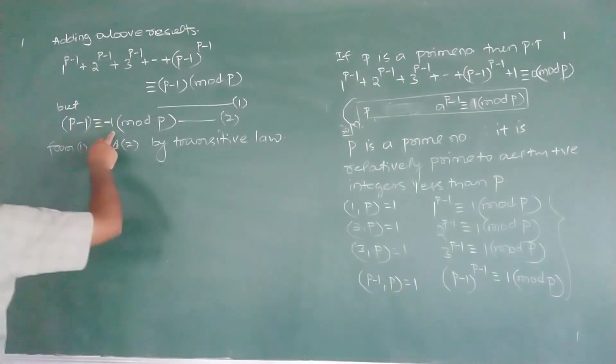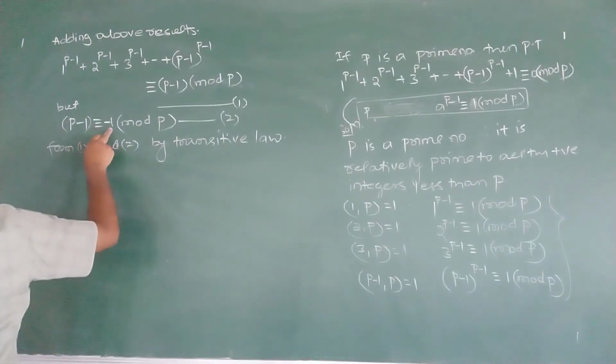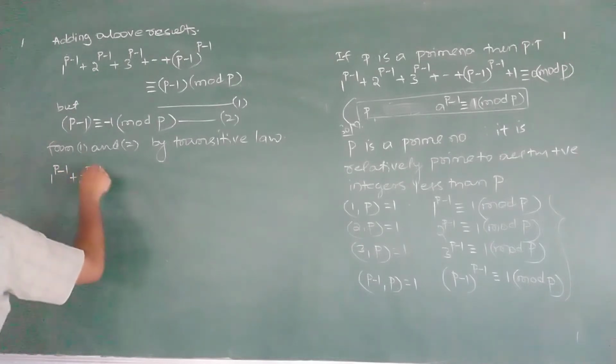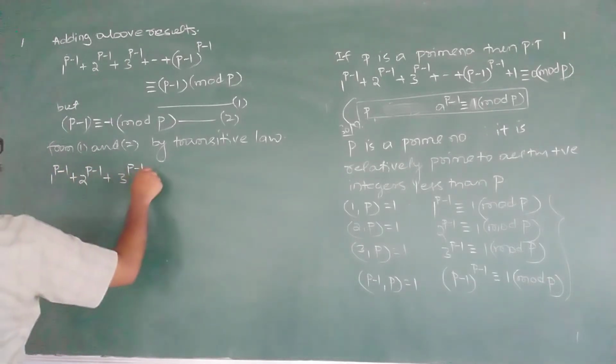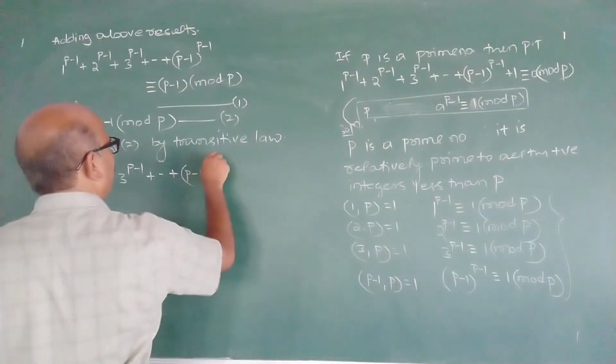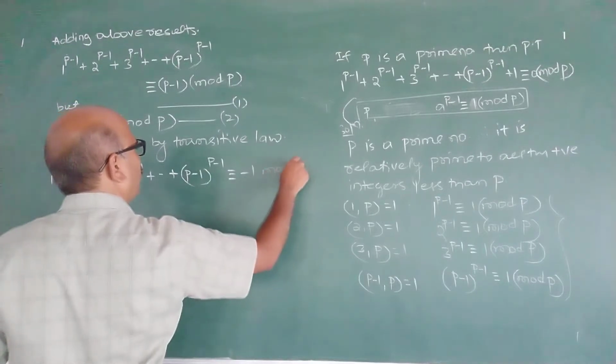How to apply the transitive law here? This is congruent to p minus 1 mod p, but p minus 1 is congruent to minus 1 mod p. Therefore from 1 and 2, 1 raised to p minus 1, 2 raised to p minus 1, 3 raised to p minus 1, up to (p minus 1) raised to p minus 1 is congruent to minus 1 mod p.